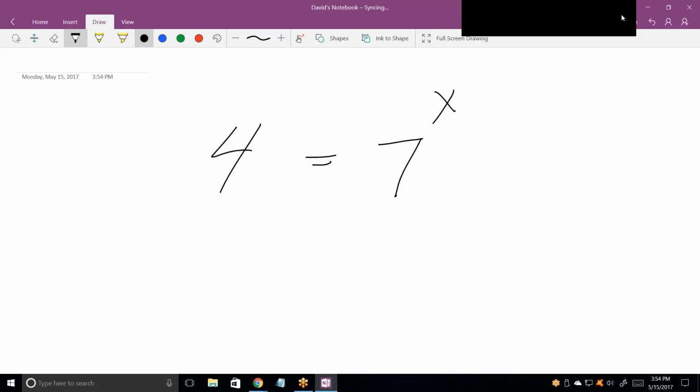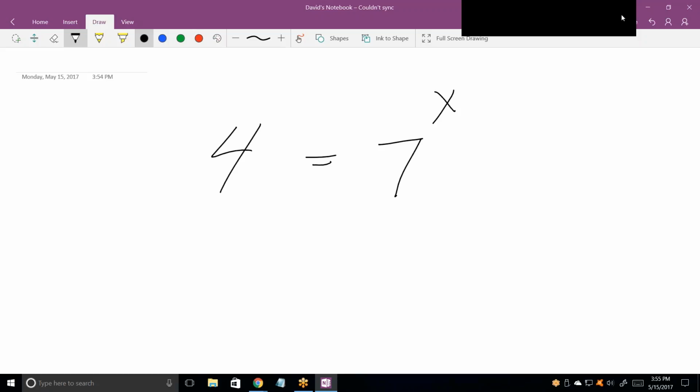Is it an algebra equation? I don't know. It's not. It's an exponential equation. And what distinguishes the two is exponential equations have the variable in the exponent. There is no algebraic solution to this. But that's why they teach you logs, is for solving exponential equations.